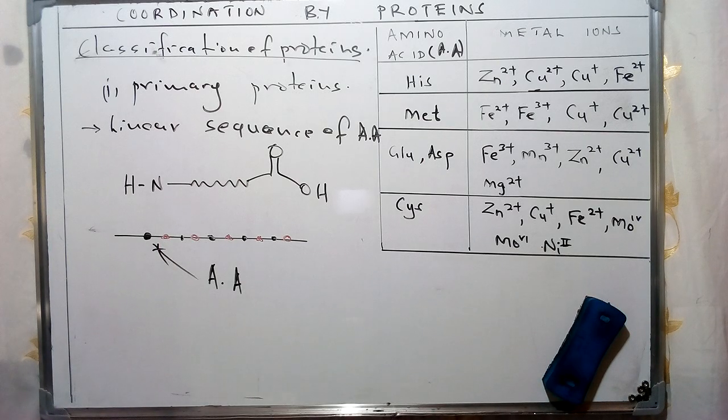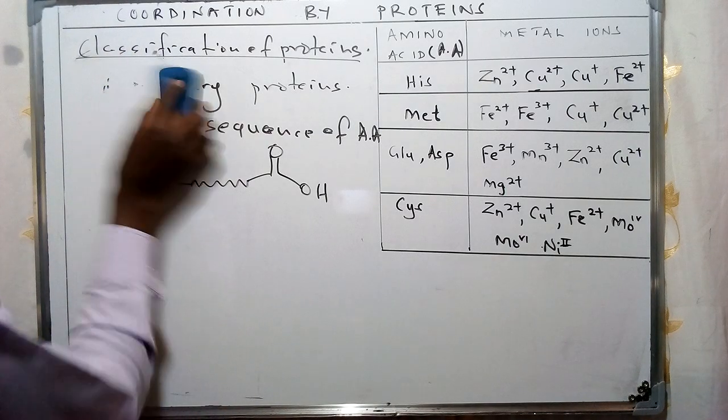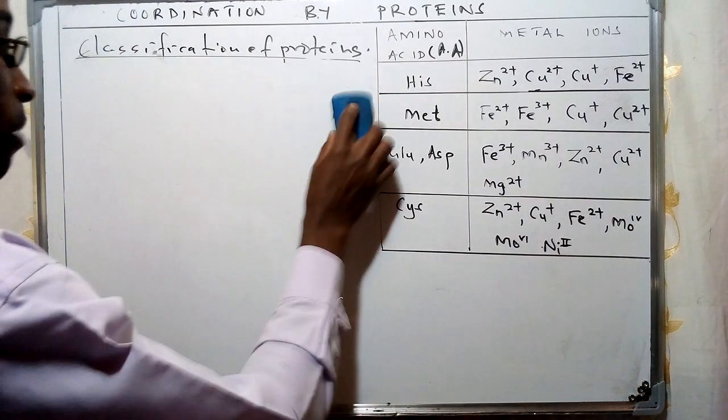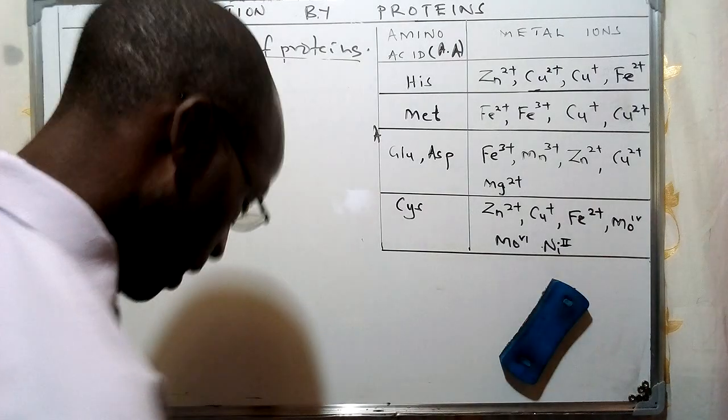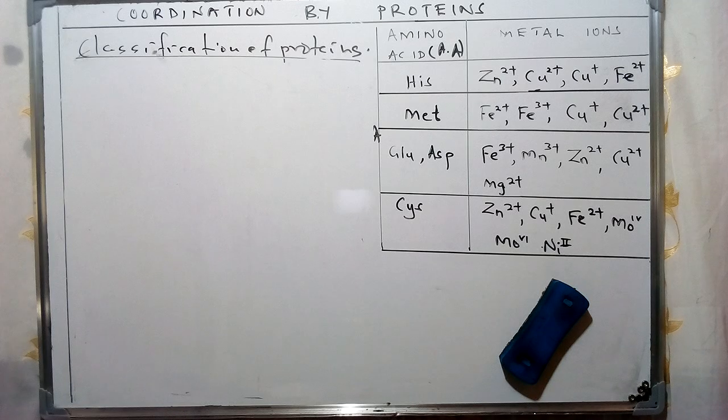Now, the second part of classification of these proteins is secondary proteins. In this case, we look at what we refer to as the alpha helices and the beta sheets, which we have come across, especially in our illustration of the concept of DNA and RNA.